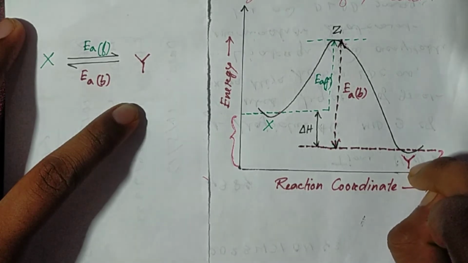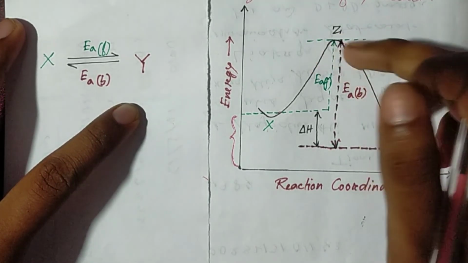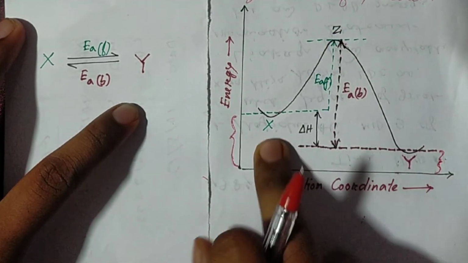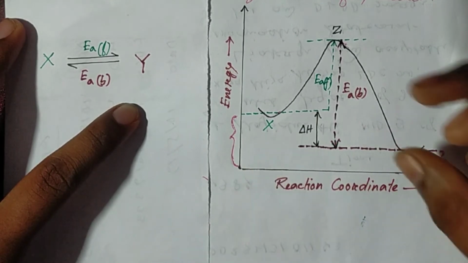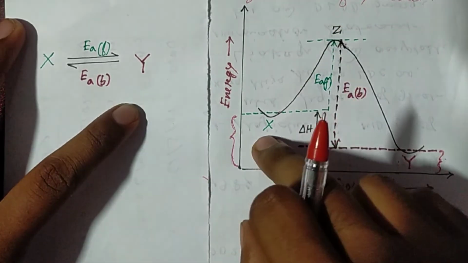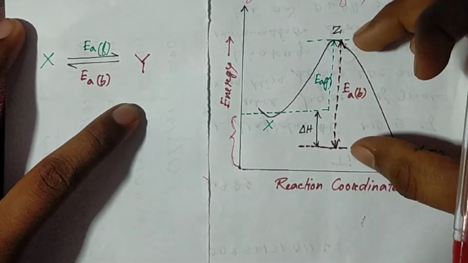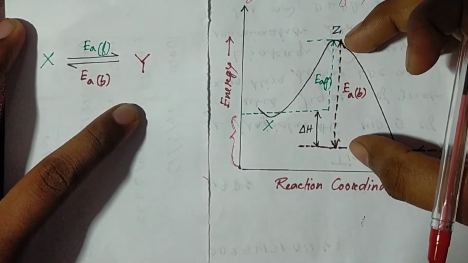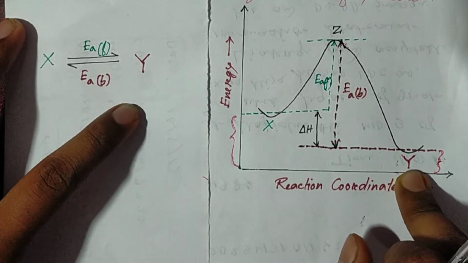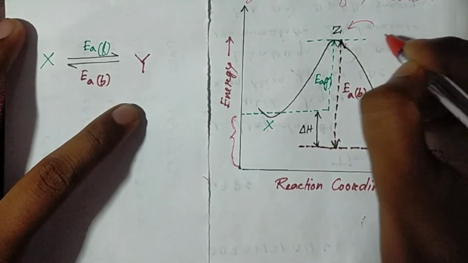That means Y needs this much energy to cross this energy barrier to give the product X. So EAF is the activation energy for X, and EAB, B meaning backward reaction, is the activation energy for Y for the backward reaction. And Z is the transition state.